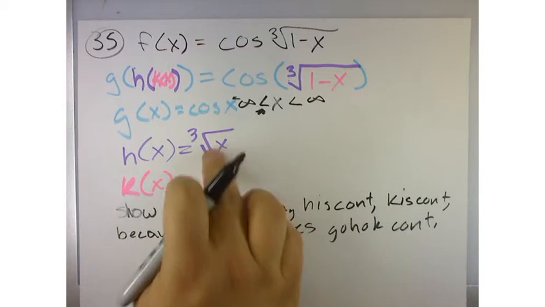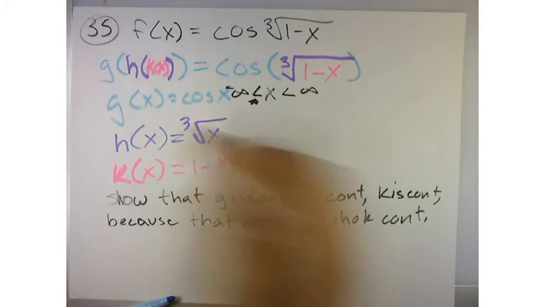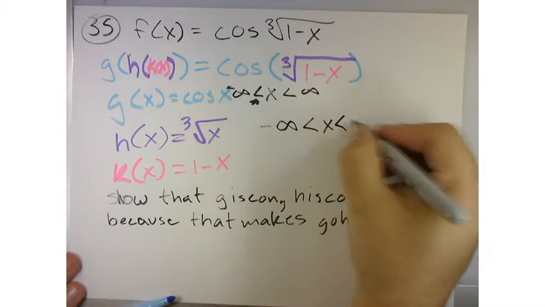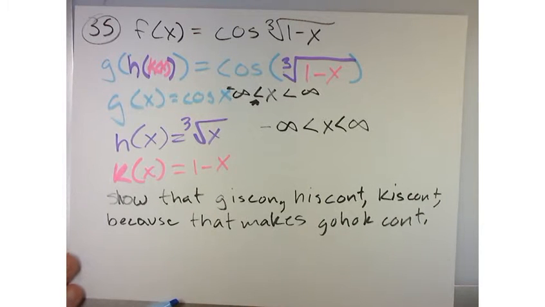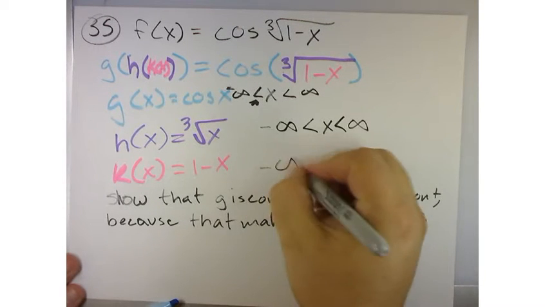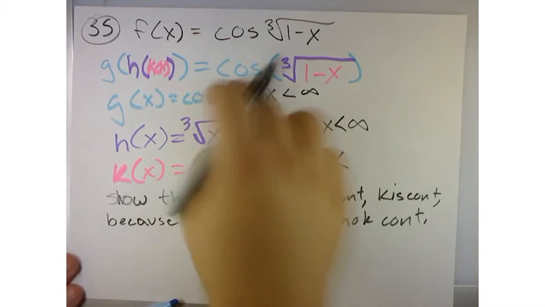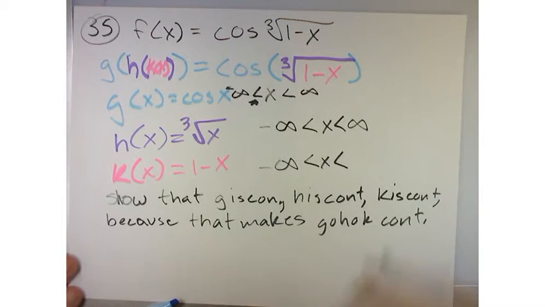Can we take negative roots? In other words, can I take a cube root of a negative number? Yes, you can. When it's a cube root, you can. So this is also all reals. And we'll verify these things graphically too. 1 minus x. Any restrictions in the domain? No. All reals, continuous. Can I get a y value for everyone? In other words, if I plug in any value for x, will I get a corresponding y value?